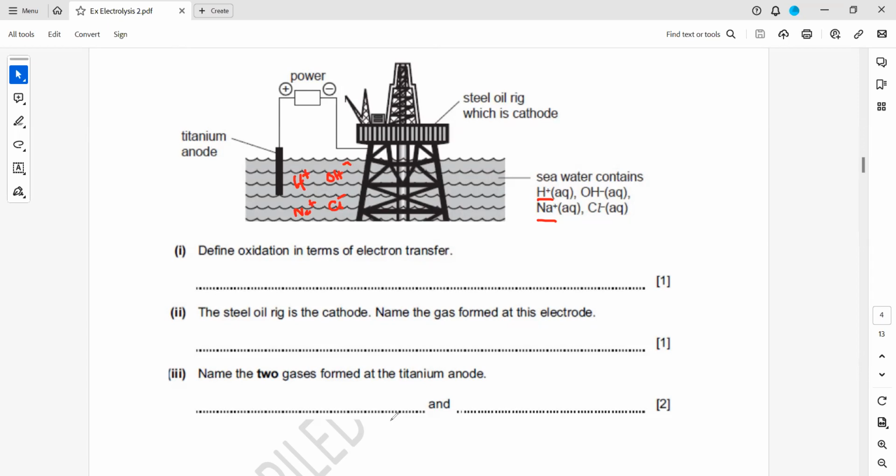So which ion will move? Is it Na plus or H plus?